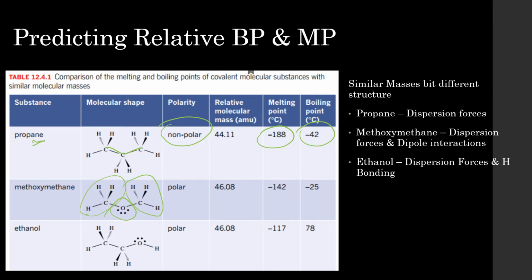But you can see there's a couple of lone pairs there. So we're going to have some dipole interactions. The next thing we want to have a look at is the hydrogen bonding. And so you can see that in ethanol, we're going to have some hydrogen bonding occurring. So we should expect a higher boiling point. So ethanol should boil away at 78 degrees Celsius.